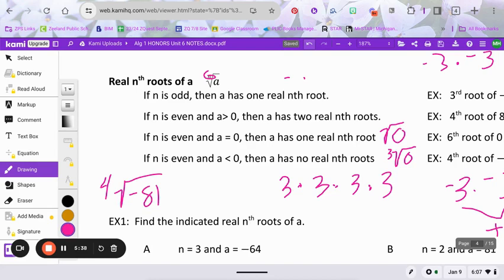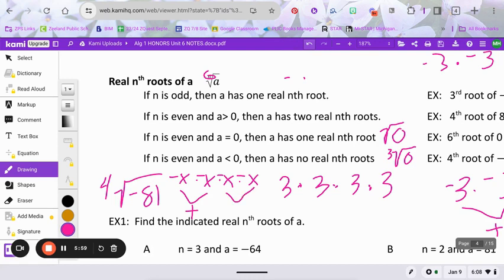That basically means I have 4 numbers that I'm multiplying together that's going to somehow need to give me a negative 81. Well, we know if these are all 4 numbers, even if they're all negative, this negative times this negative becomes positive.